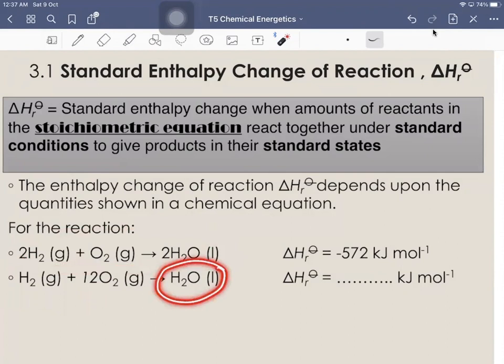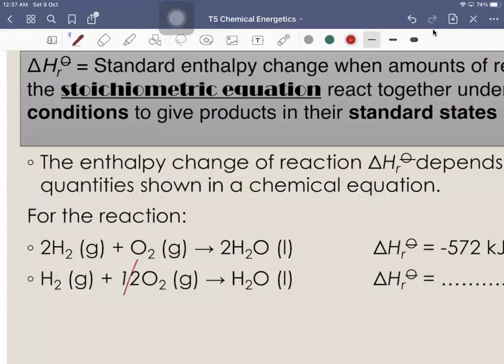Now I notice there's a typo here. That should be half O2, okay, not 12. I think in your notes it is correct. Yeah, so I'll just change this. So that becomes 1/2.